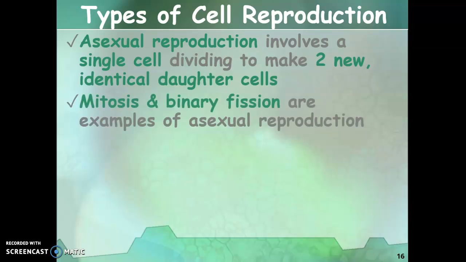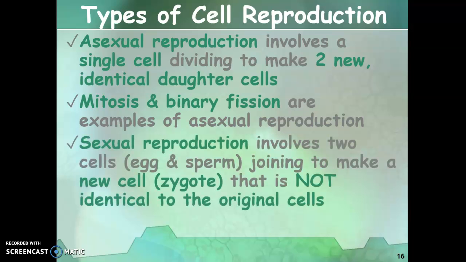Now a cell can reproduce asexually and just make two identical daughter cells. Mitosis and binary fission are examples of asexual reproduction. Mitosis happens in eukaryotic cells. These are the cells that have all these chromosomes, and then they need to go through all these phases. Binary fission is what happens in bacteria, where everything is a lot easier.